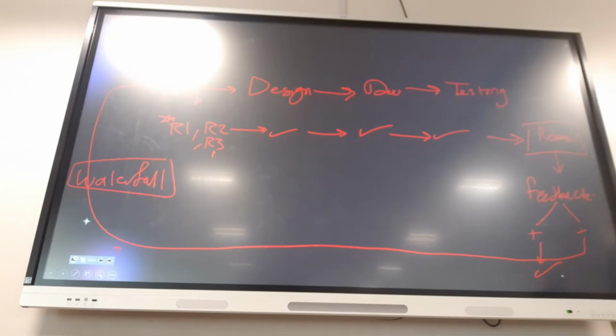I can be very specific to you. I can tell you I need the power, I need the square root. So now I'm not talking about requirements that are exponentially changing, right? This is something that's very basic, right?